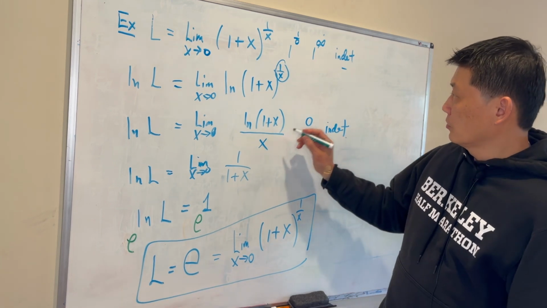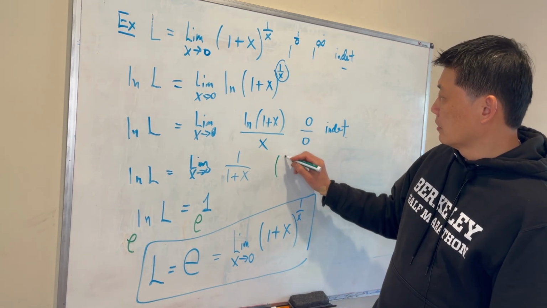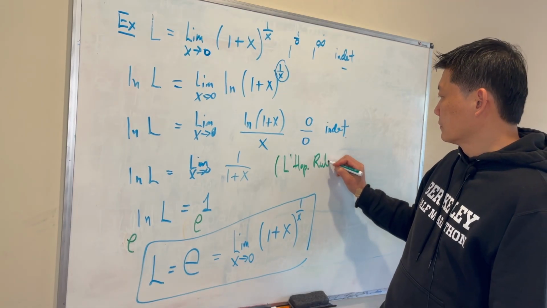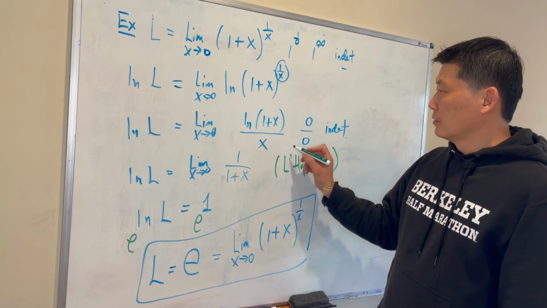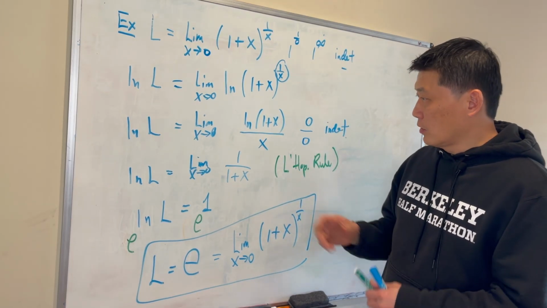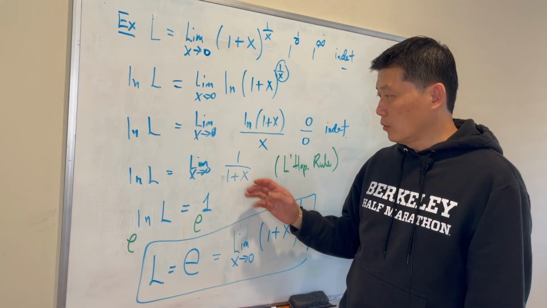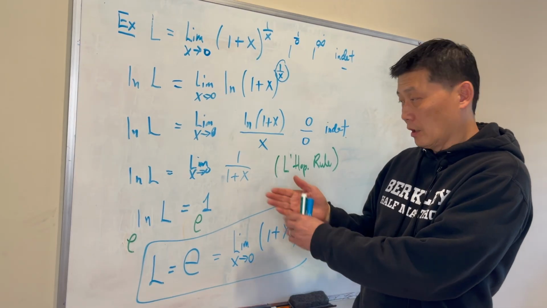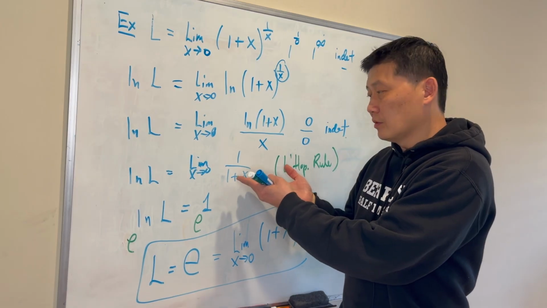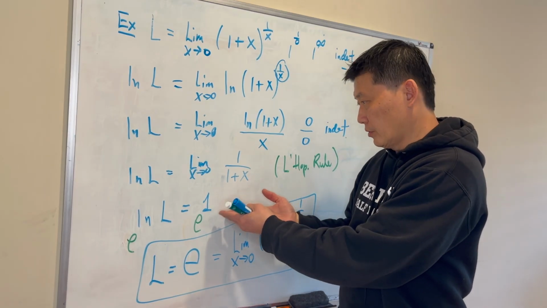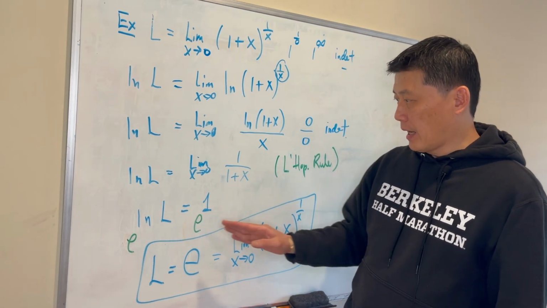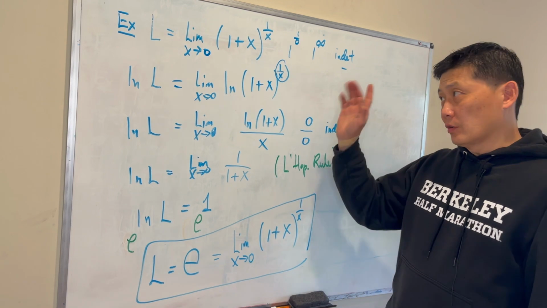So in this case, we are using L'Hopital's rule on this, which becomes this. Once we get to here, we end up with an easily understood limit, in this case 1, and then we reapply and get the L back to get e. So that's the first idea.